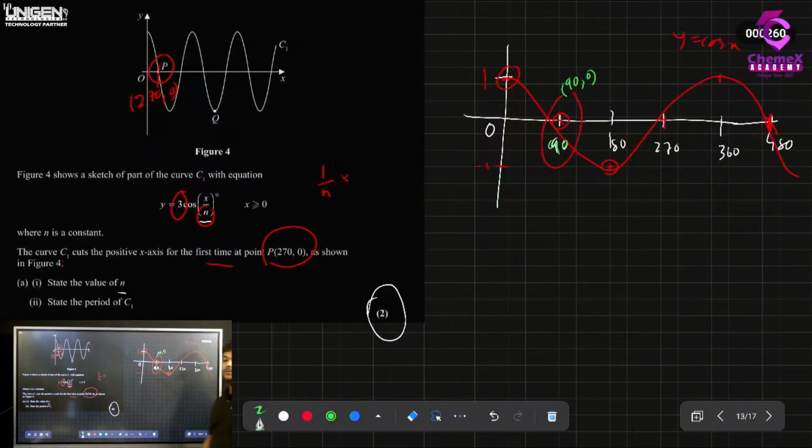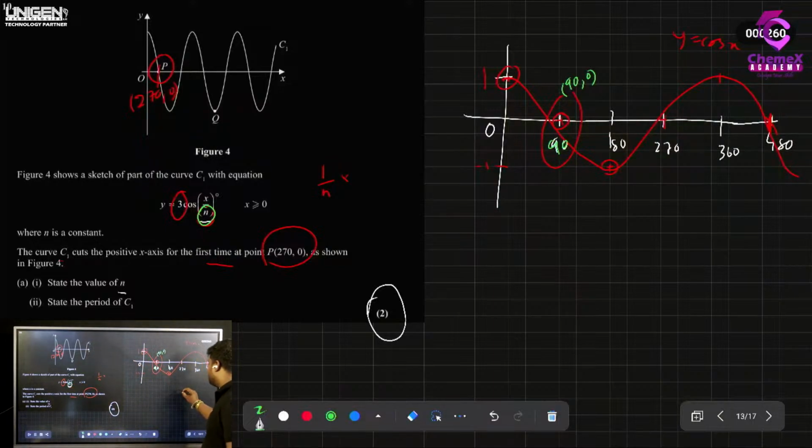So now how do you do this? Any idea? How can you think? If it has become 270, what has happened to the 90? 90 has been multiplied by some factor. That factor is actually n. What is that factor?